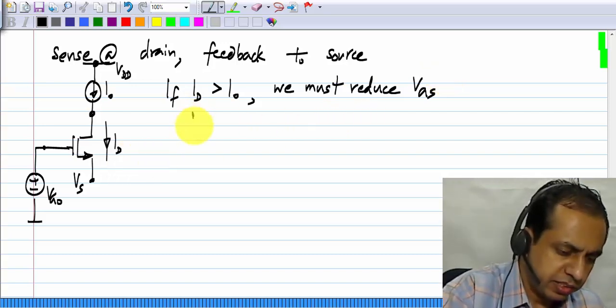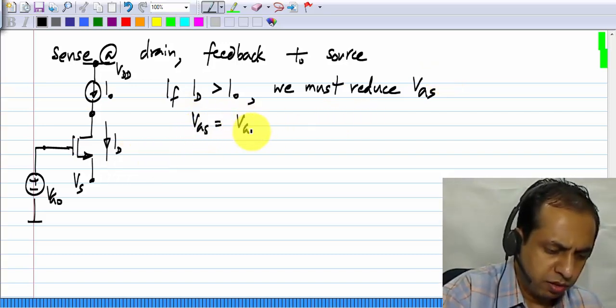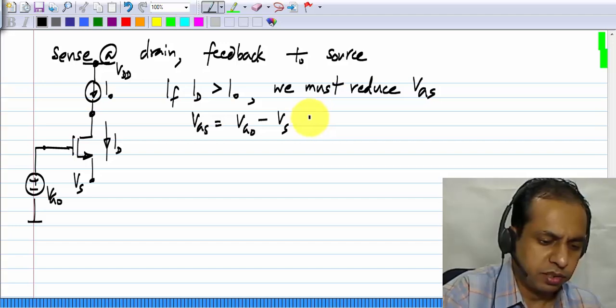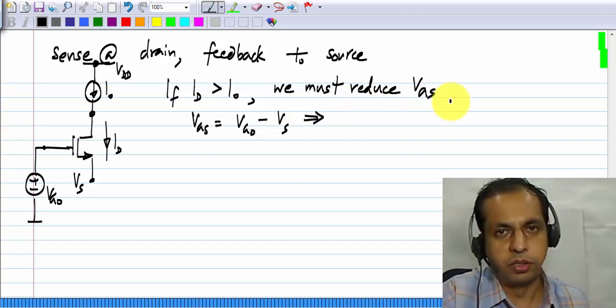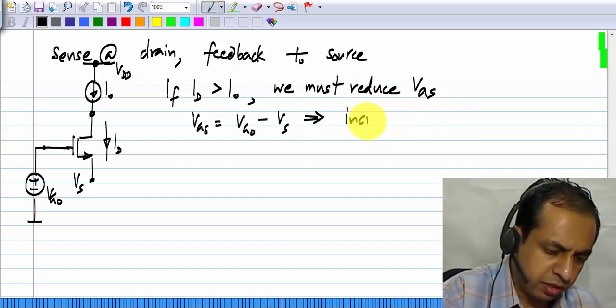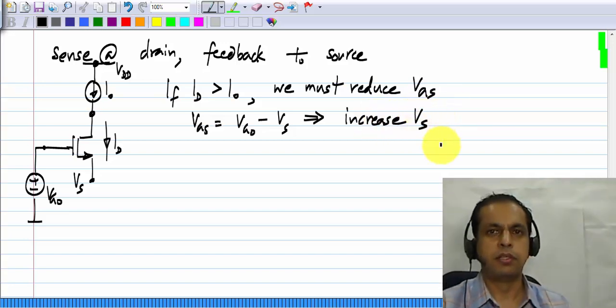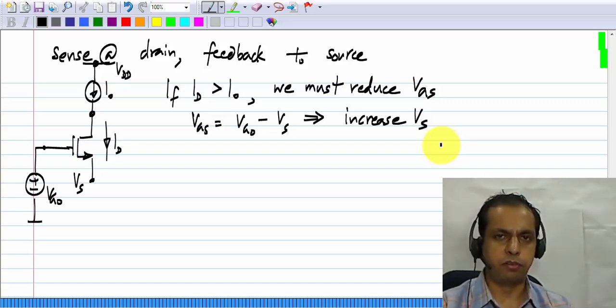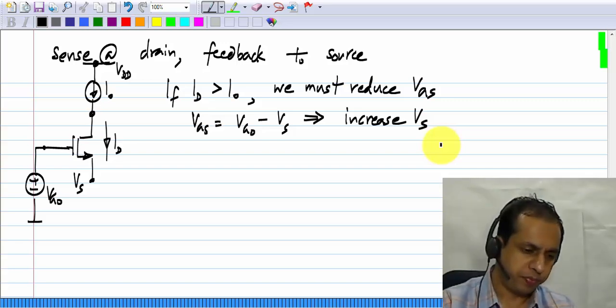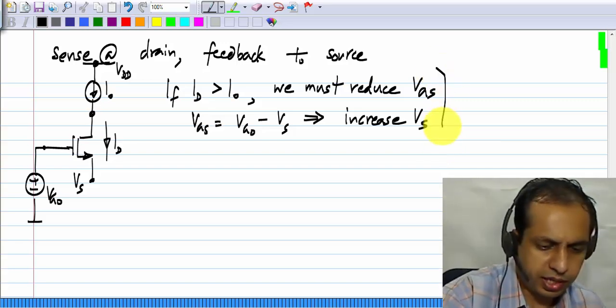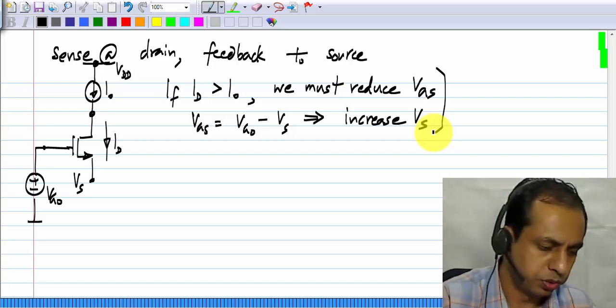Now VGS equals VG0 minus Vs. So this means that to reduce VGS, we must increase Vs. Similarly, if ID is smaller than I0, then we must increase the drain current, and we do that by reducing the value of Vs. So this is the action that we want at the source.